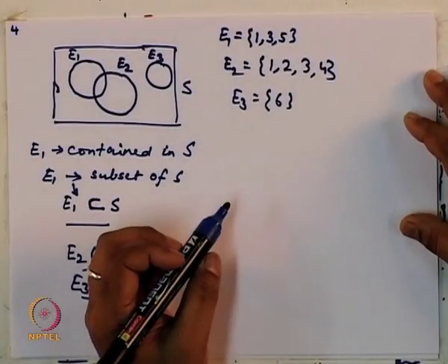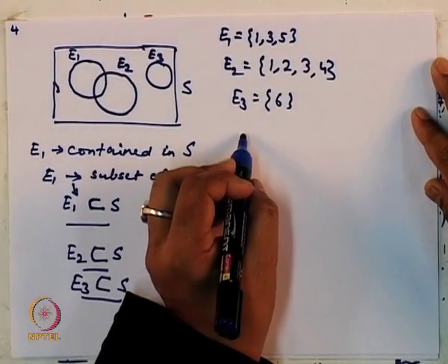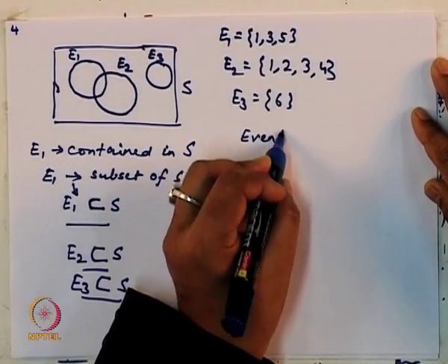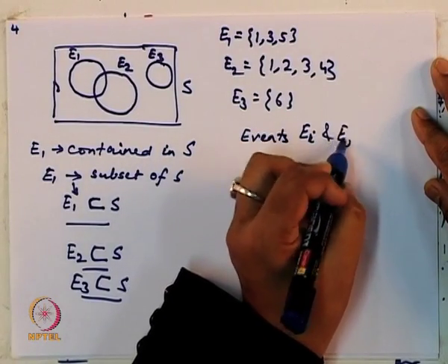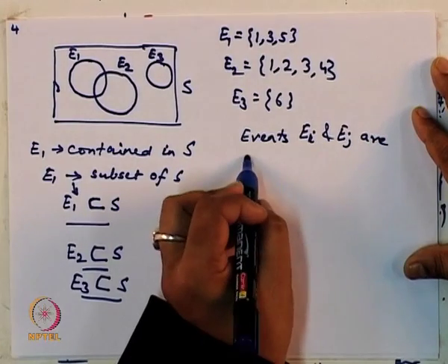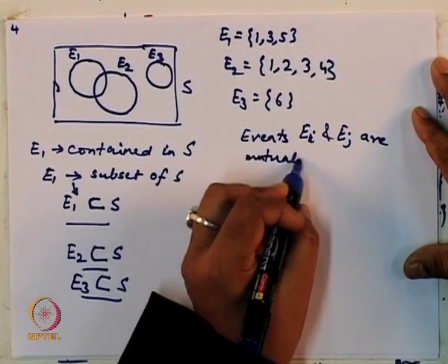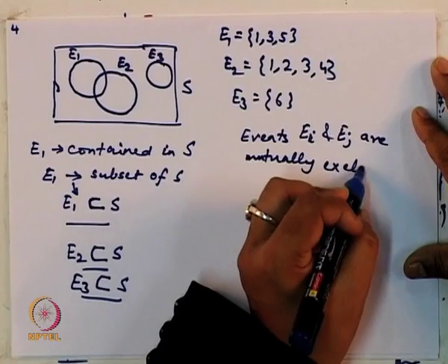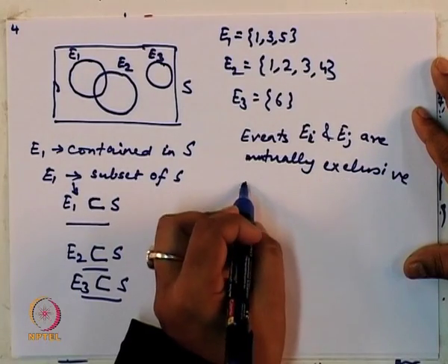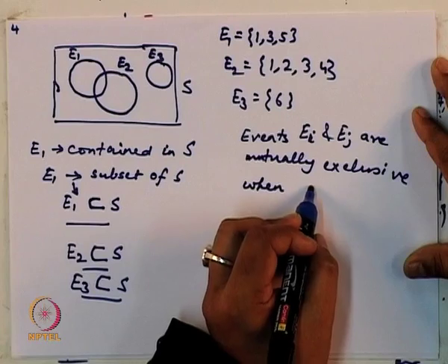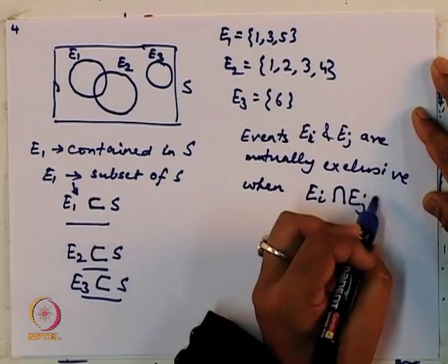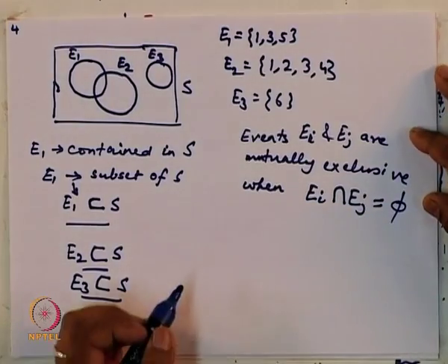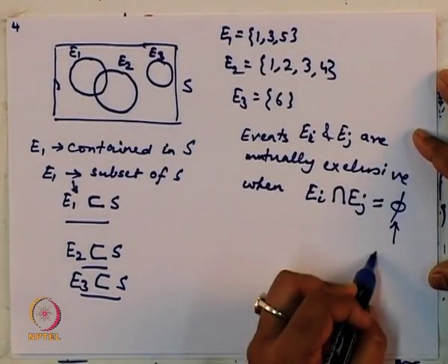So, this is a case when I can say that events Ei and Ej are mutually exclusive, when Ei intersection Ej is equal to null.